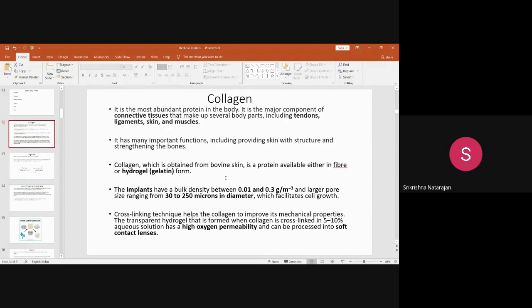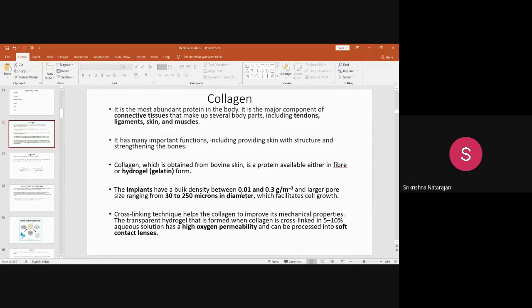And this collagen has good properties. It has a higher bulk density, from 0.01 to 0.3 grams per cubic centimeter, and a size of 30 to 250 micron diameter, with large pore size. Because of the higher porosity, tissue growth can take place.